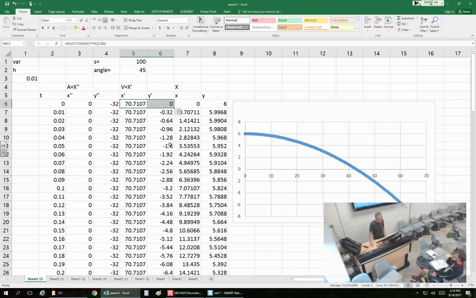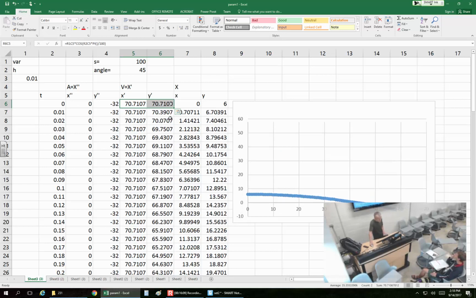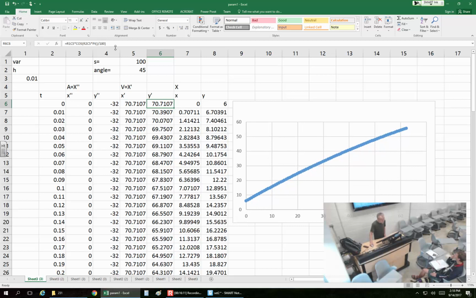And then I'll put it here to the right, except now I have to replace this cosine with sine. Okay, so does it look reasonable?